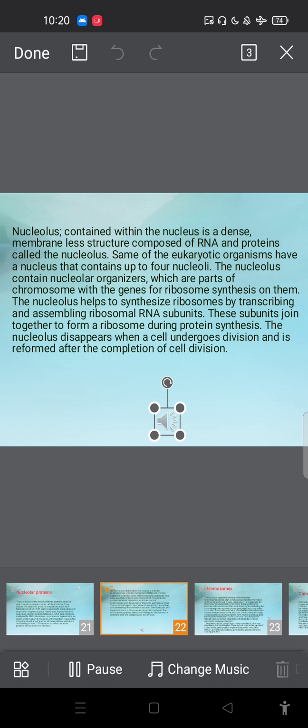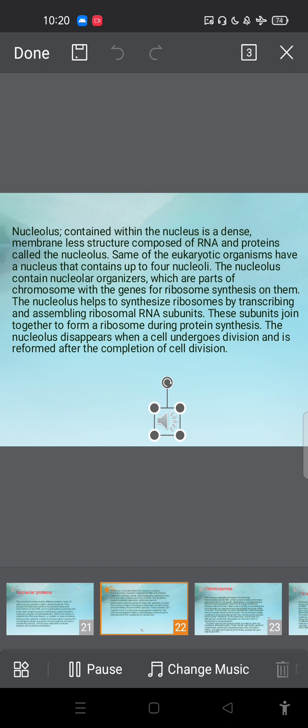Nucleolus. Contained within the nucleus is a dense, membraneless structure composed of RNA and proteins called the nucleolus. Some eukaryotic organisms have a nucleus that contains up to 4 nucleoli. The nucleolus contains nucleolar organizers, which are parts of chromosomes with the genes for ribosome synthesis on them.